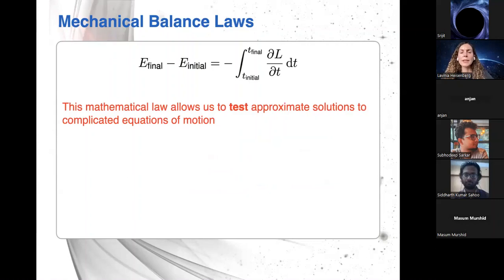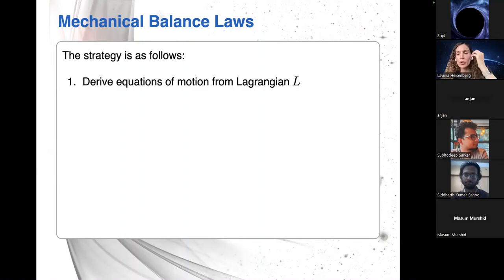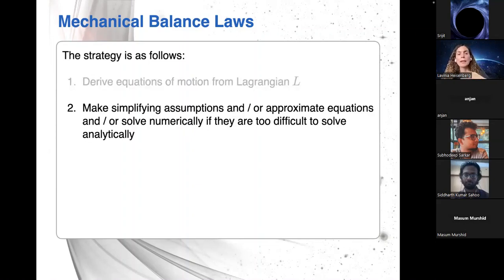Okay, so this mathematical law allows us to test approximate solutions to complicated equations of motion. The strategy is as follows. Derive equations of motion from your Lagrangian, make simplifying assumptions or approximate equations, and solve them either numerically or analytically, depending on whether or not it's too difficult.